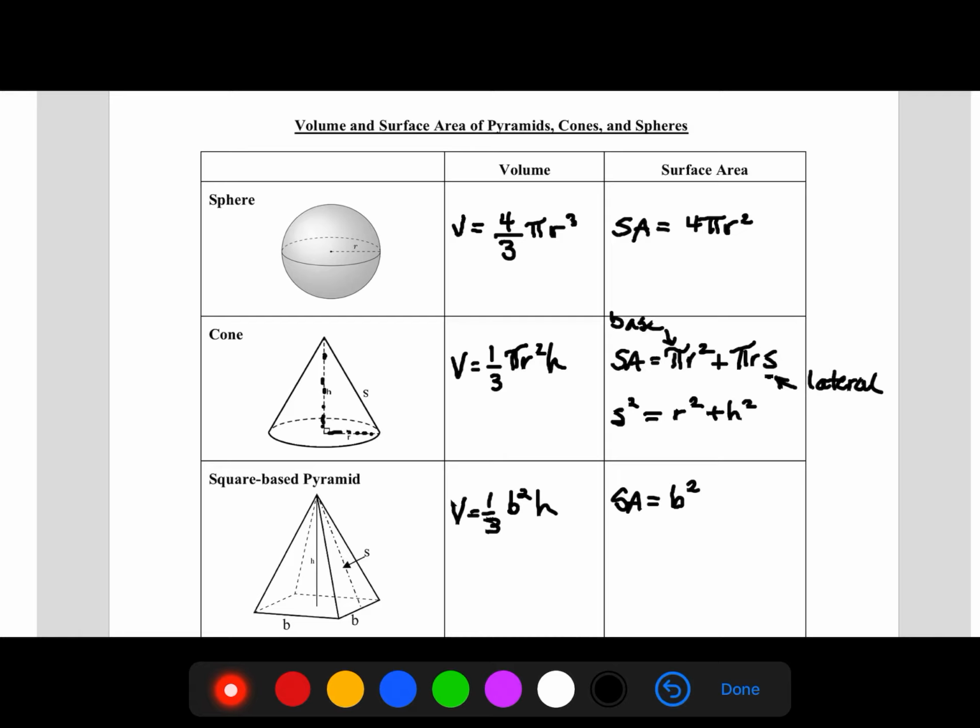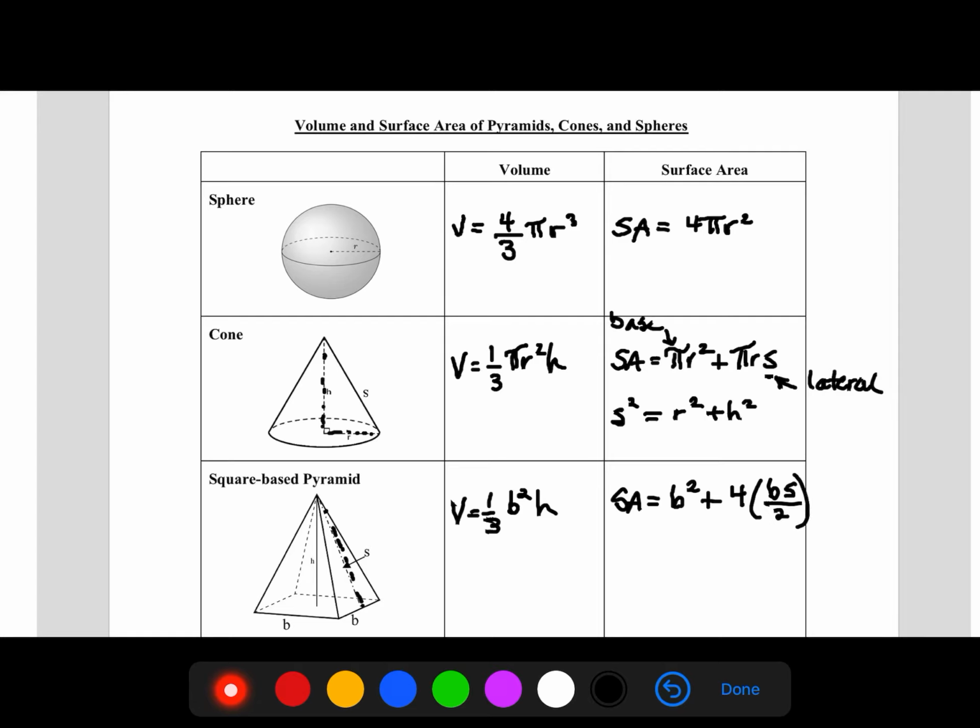For our surface area, again, keeping in mind that we need to add up all 5 sides. So our base, we can just take base squared, the square on the bottom, and we have 4 triangles on the sides of our pyramid. So we're going to be using the 4 triangles.